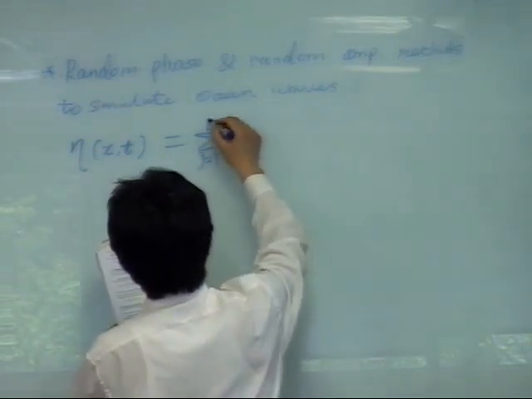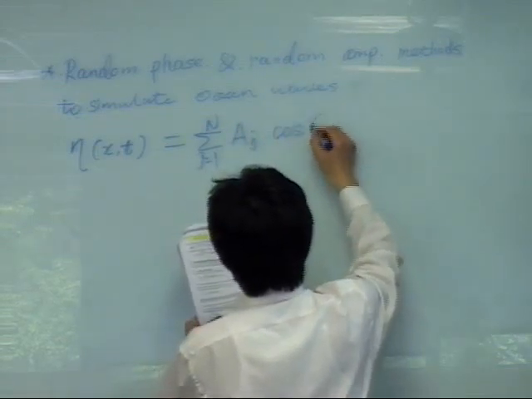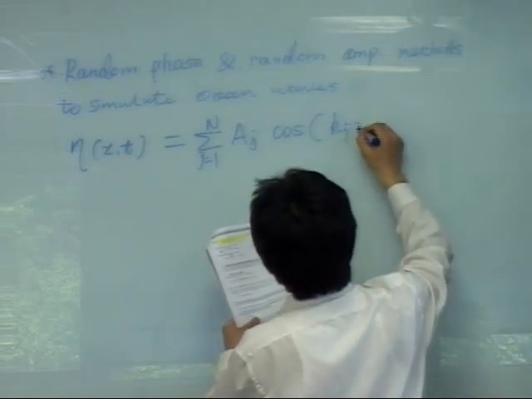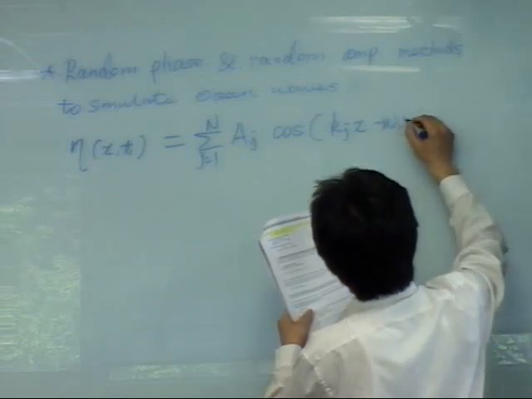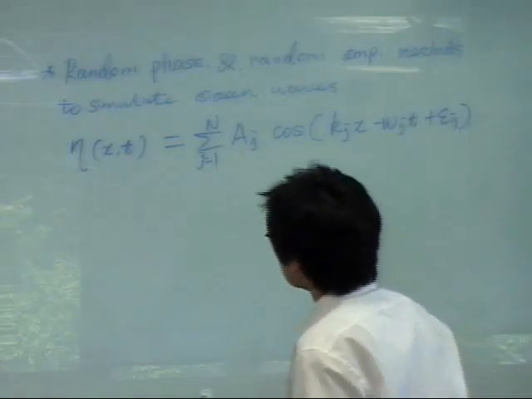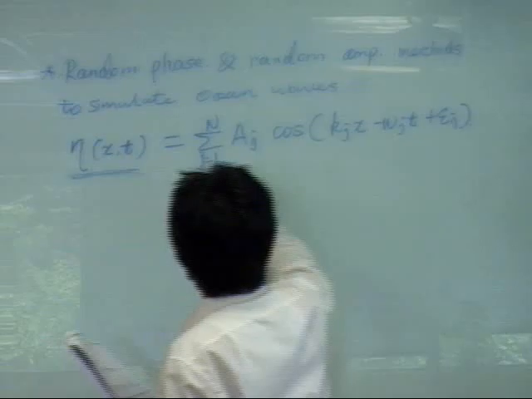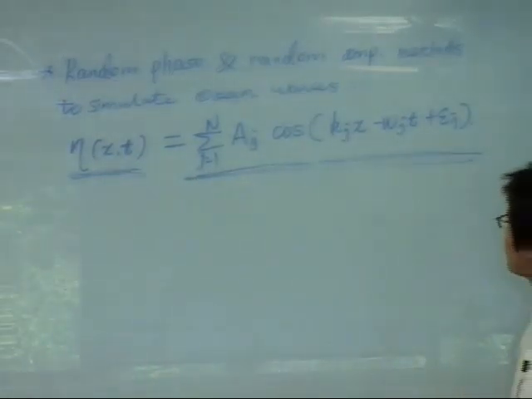It's a linear superposition of many individual sinusoidal waves, so we assume the sea surface can be approximated with this equation.